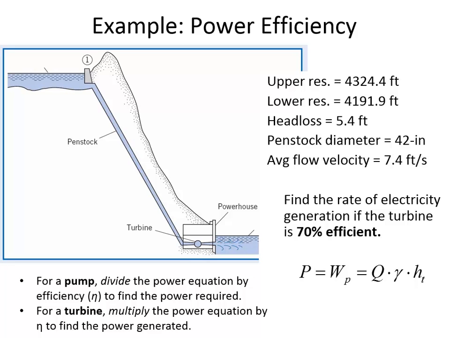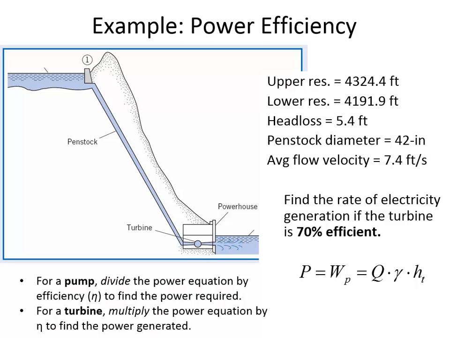All right, where we left off last time was talking about energy, power, and work. And specifically, I mentioned that when you have a system that's not 100% efficient, you have to make adjustments in either the power required to pump a fluid from place to place, or the power that can be generated when a fluid is moving from high elevation to low elevation.